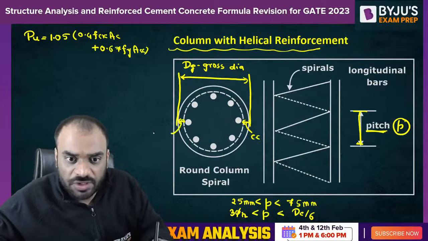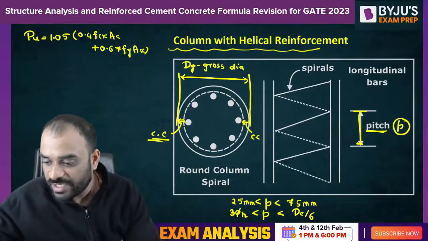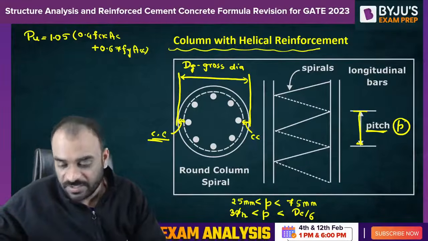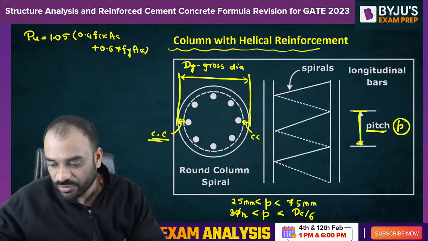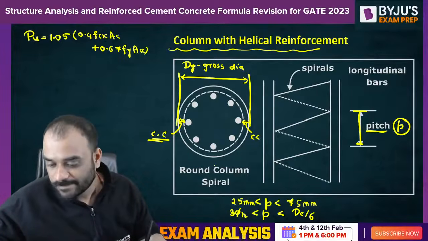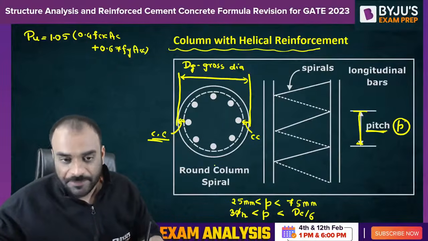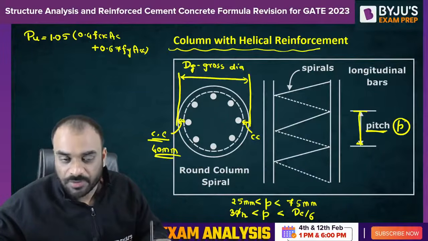In case of a column, what is the value of clear cover? Any one of you who can tell me, guys, what is the clear cover allowed in case of a column? 40? If it is not given, you can consider 40 mm, right?